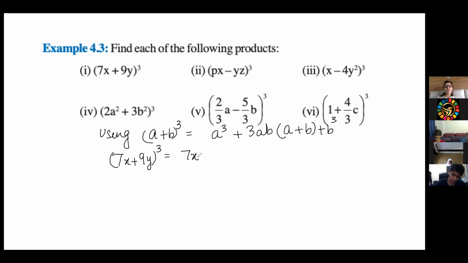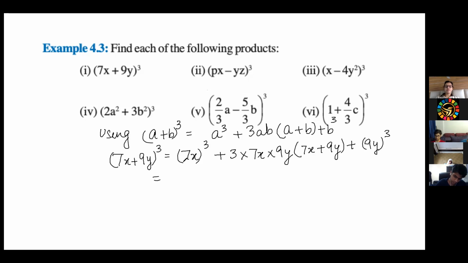Write down like this, A cube, so 7x whole cube. In the next step, you simplify. 3 into A is 7x, B is 9y, A plus B is 7x plus 9y, plus B cube is 9y whole cube.